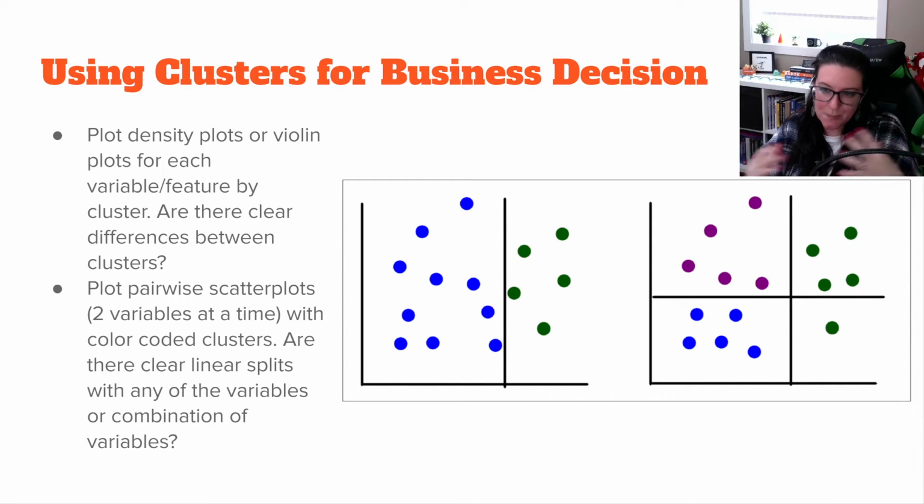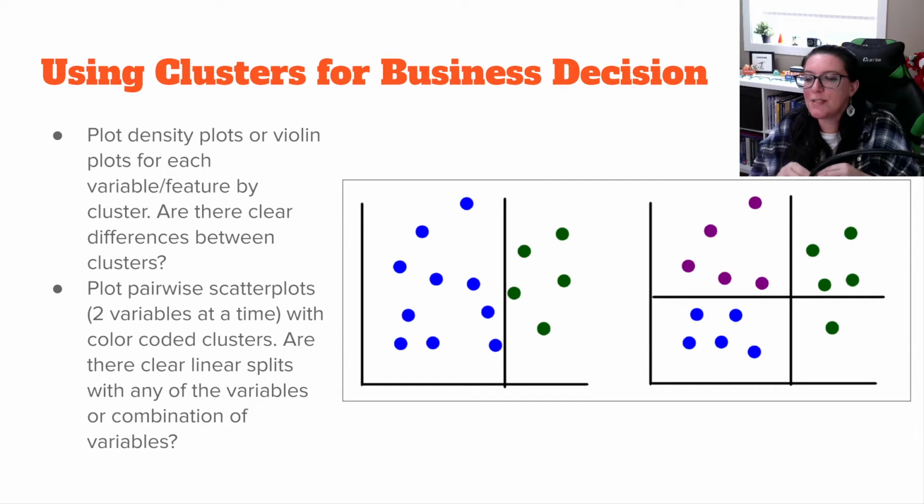And again, as we talked about in the previous video, we need to ask ourselves, how can we use this information? Can we actually treat those cohorts of customers differently? Can we actually do something different with those different groups of union members? So too many clusters is a problem.